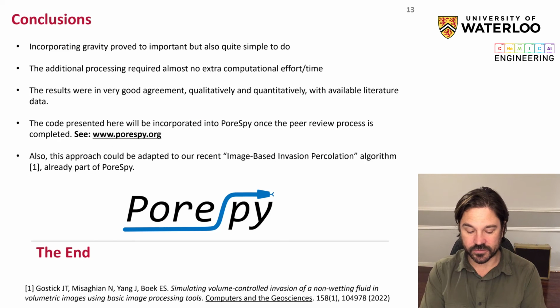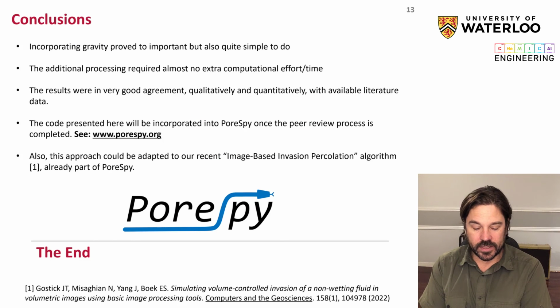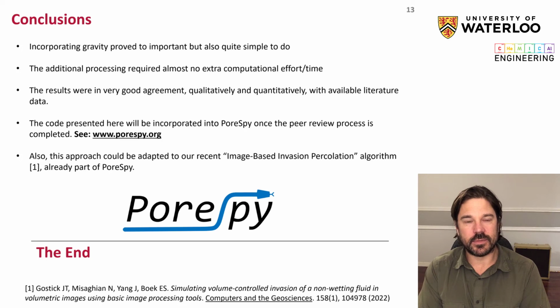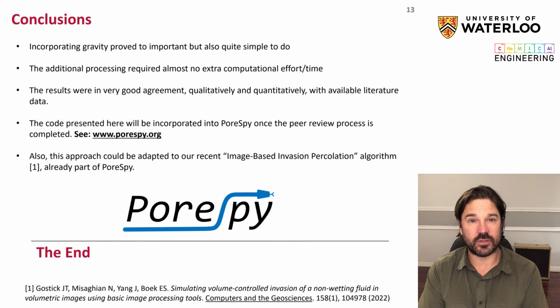In conclusion, incorporating gravity into the simulations proved to be important. The effect was noticeable and significant. It was also quite simple to do, just by translating the size into pressures and proceeding from there. The additional processing required was almost no extra cost, so the time to do this was the same as the normal approach, so there's almost no reason not to do it.